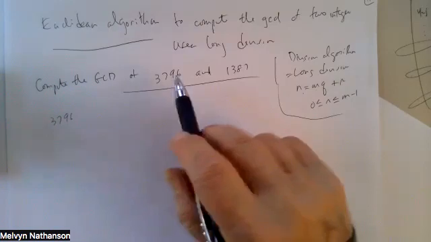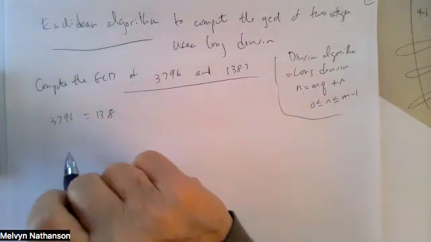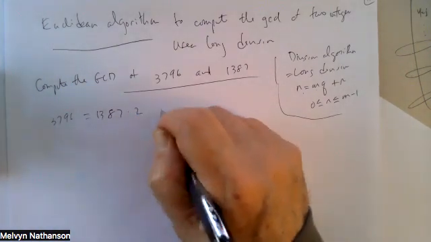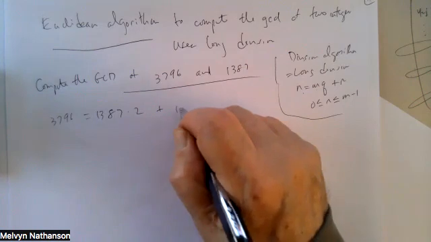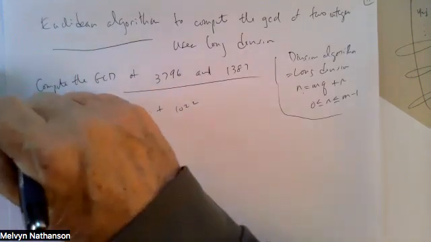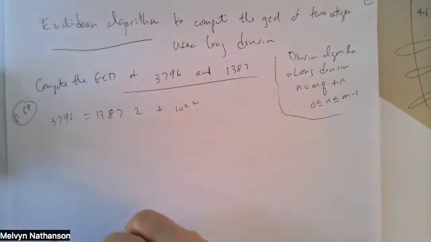So if you divide 3796 by 1387, you get a quotient of 2 and a remainder of 1022. You can check the arithmetic at home. Again, you should also look at the book where everything is legible. It's on page 69.